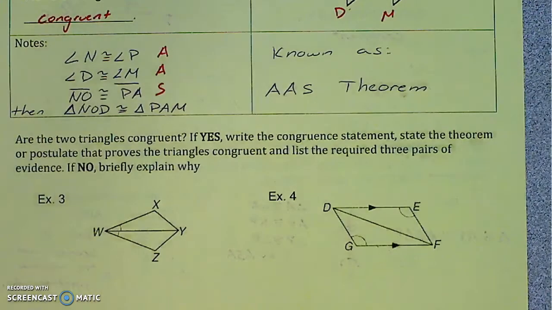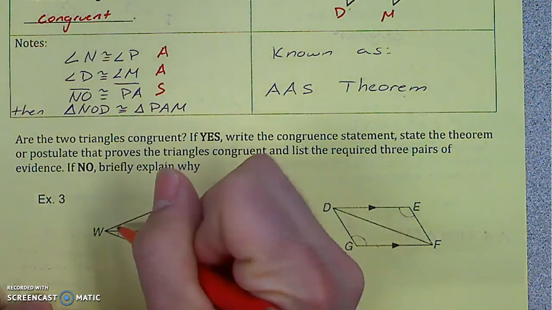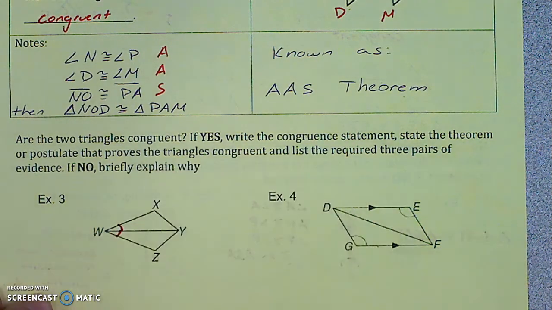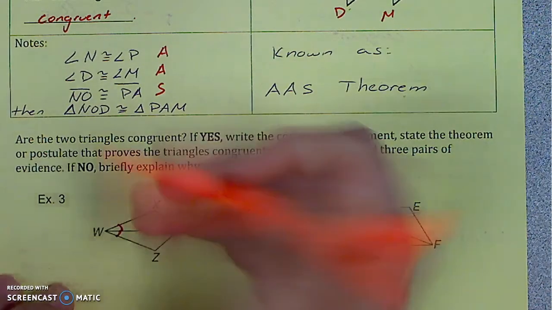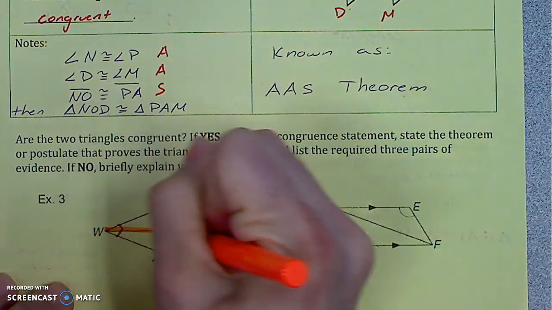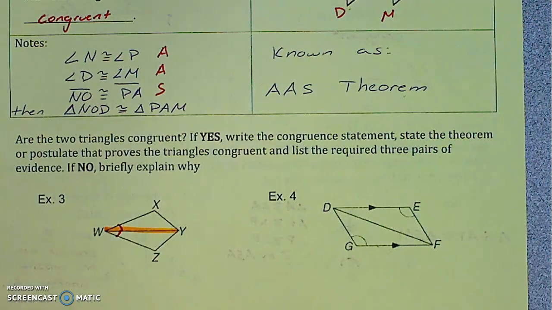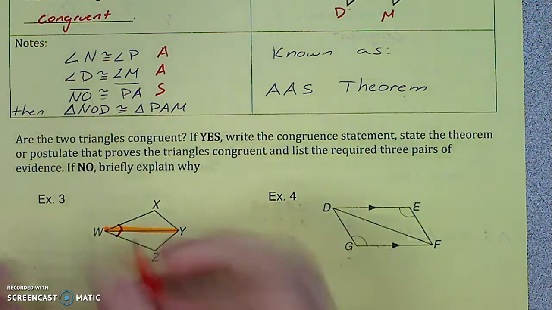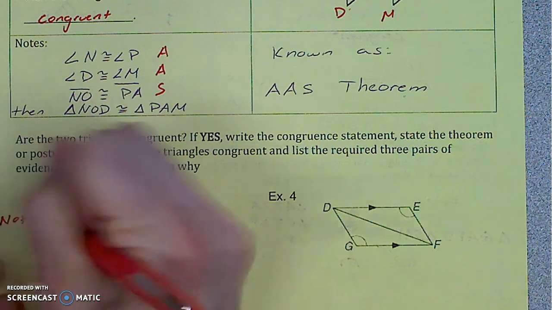Once again, these two examples are asking us to state whether the two triangles are congruent. In this first one, we know that this is congruent to this. They share this side, which means this side is congruent. But we're missing an angle. Therefore, they are not congruent.